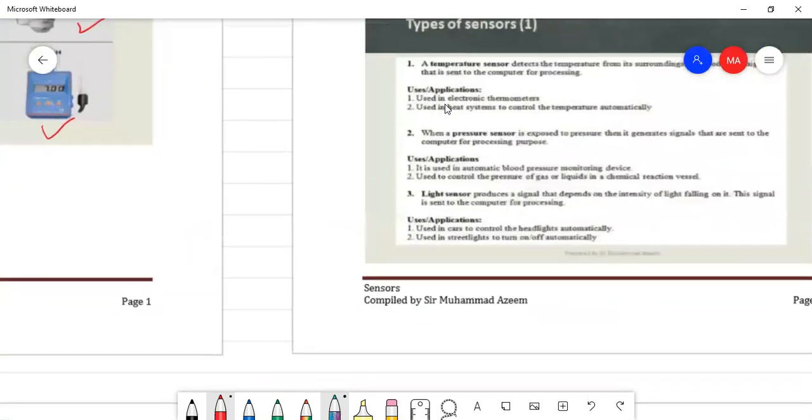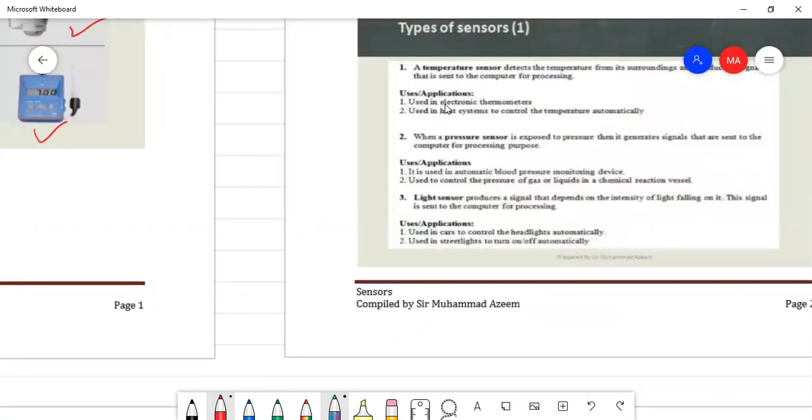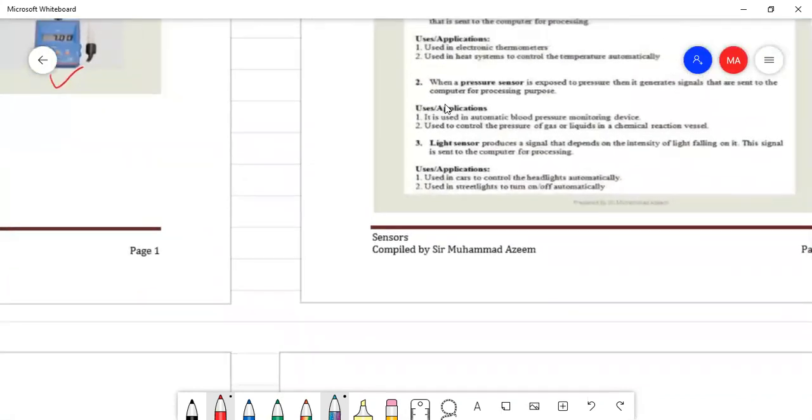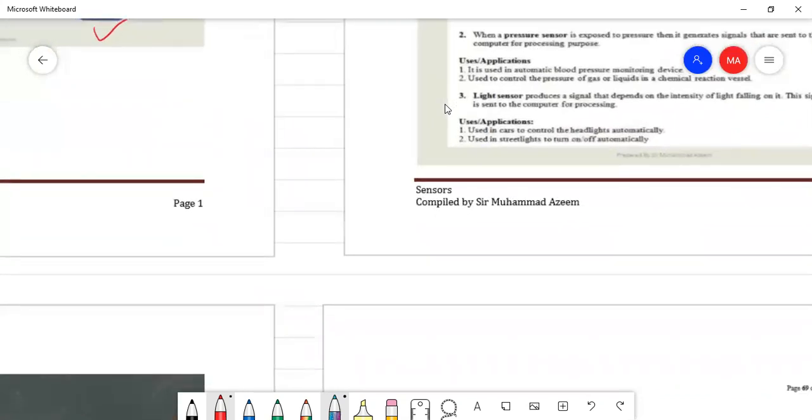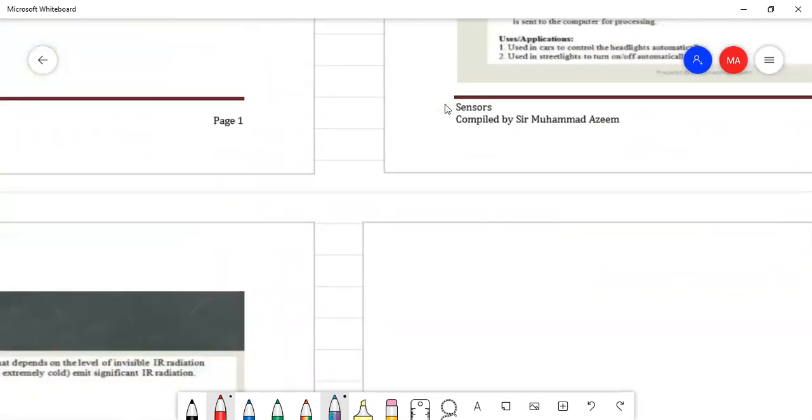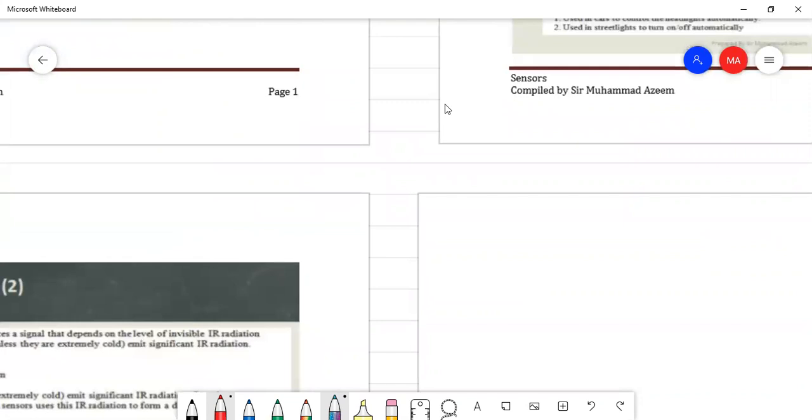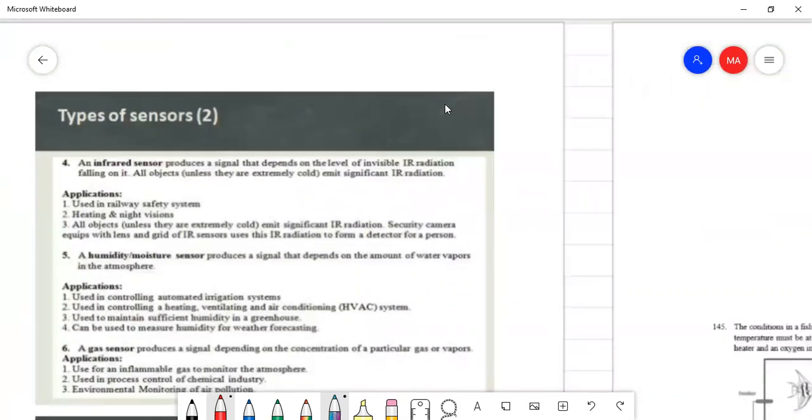So these are different types of sensors with their uses and applications. This is the reading assignment: which types of sensors are available in the market and what are the applications of these sensors?